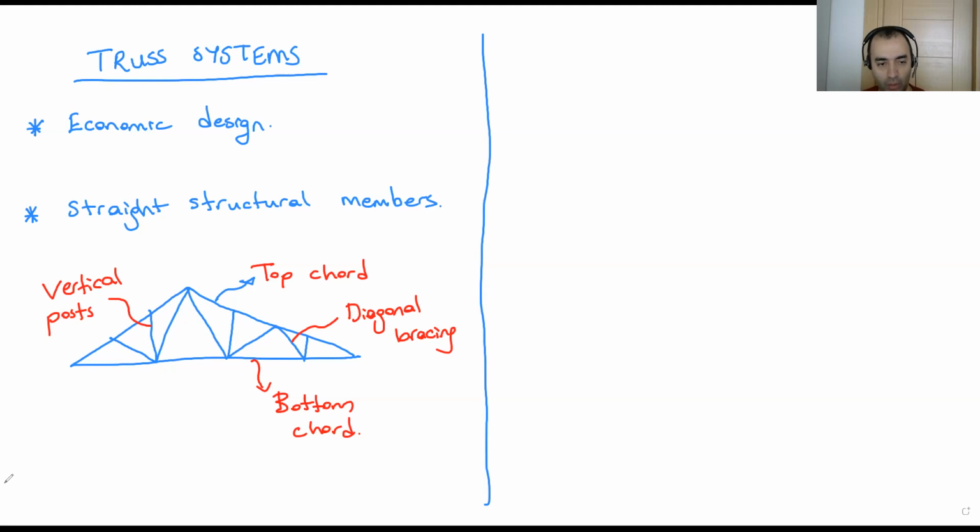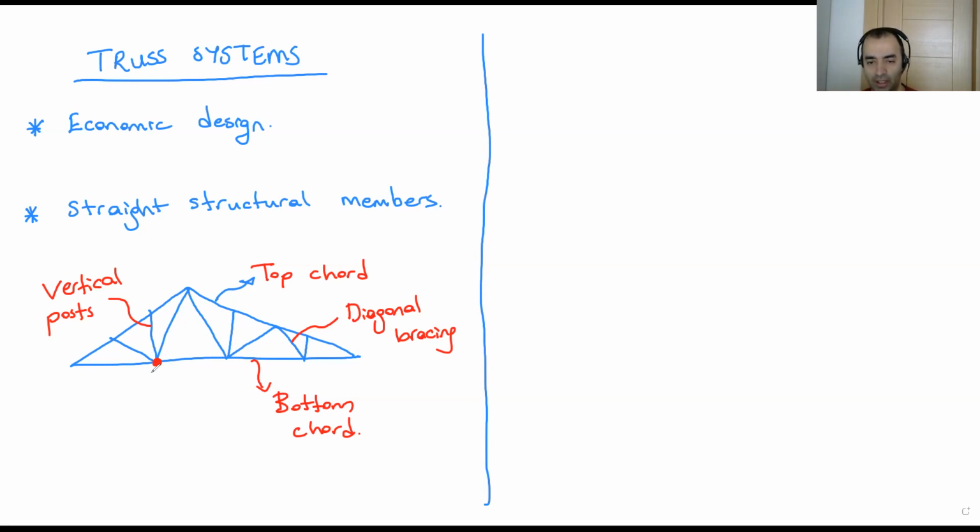Now you can imagine a truss system. Let's talk about some rules regarding truss systems. The first thing is the connection points of these truss systems. For example, at this point, all the members are connected to each other. This point is a hinge. We don't carry any moment at this point.